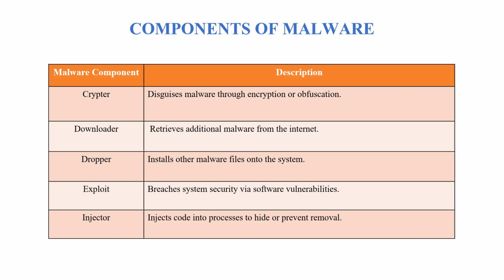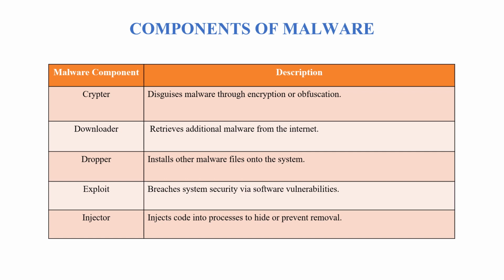Next is dropper. It installs other malware files onto the system. So dropper contains the malware code which antivirus cannot detect, and that's why it installs the malware file on the system without getting detected. Next one is exploit.